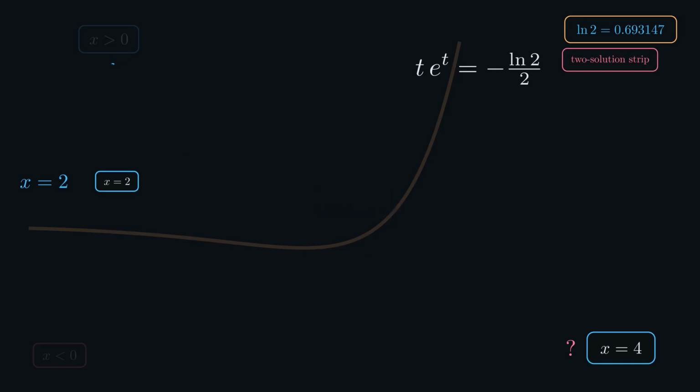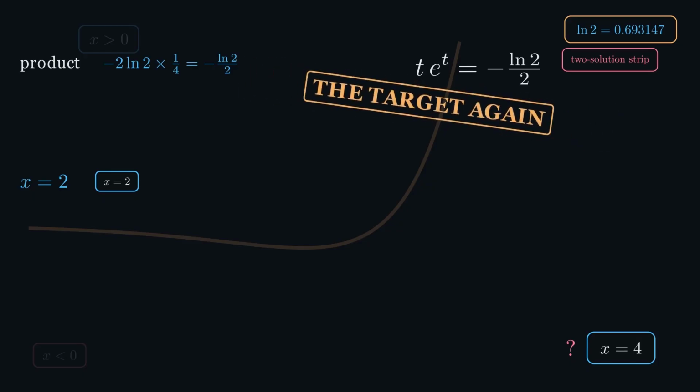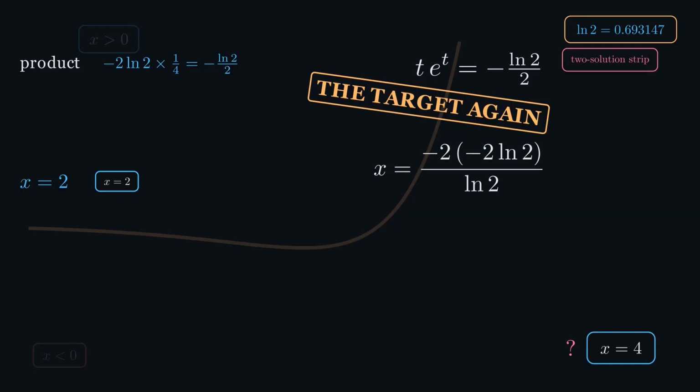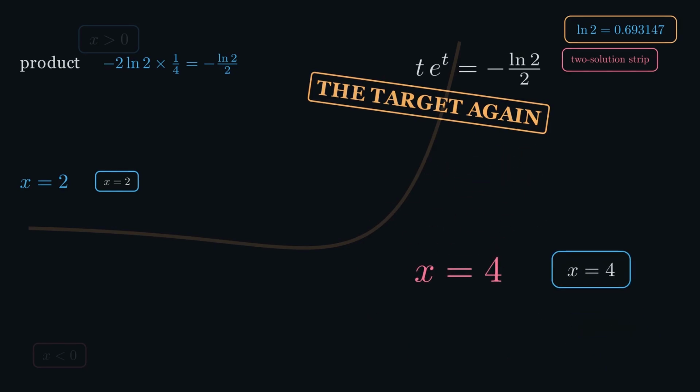The product: -2 natural log of 2 times 1/4, negative natural log of 2 over 2. The target again. And its x: -2 times -2 natural log of 2 over natural log of 2. Cancel. 4. Exactly 4. I need a second to enjoy this.